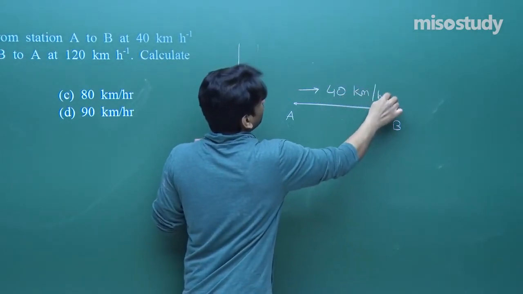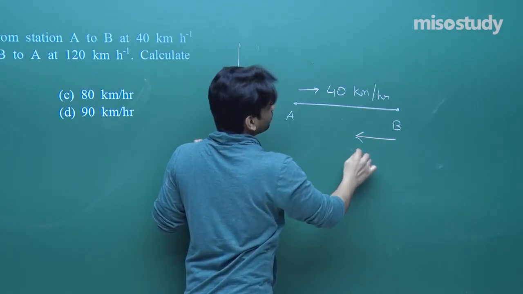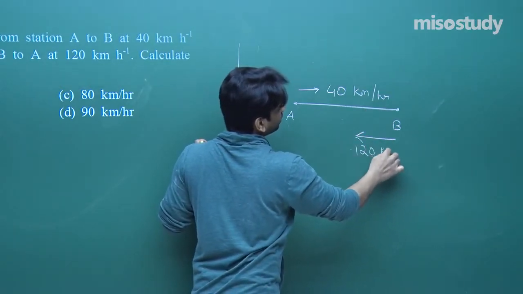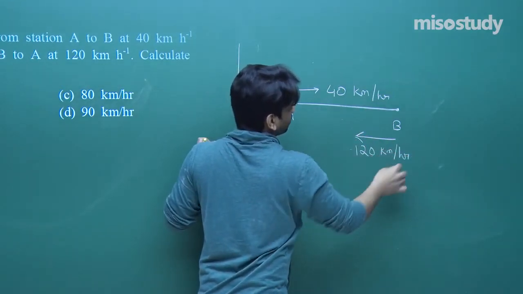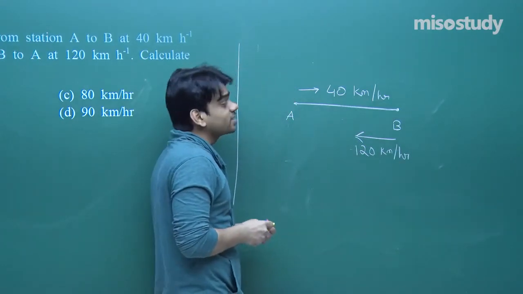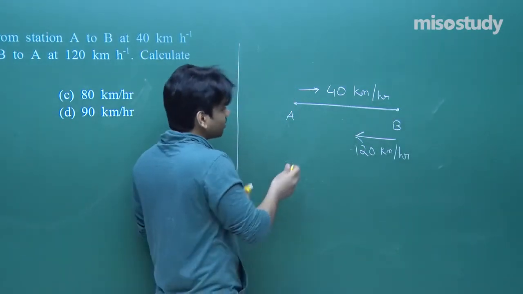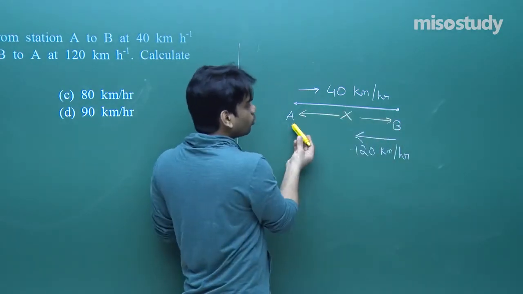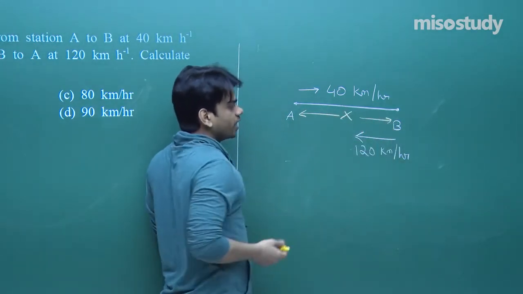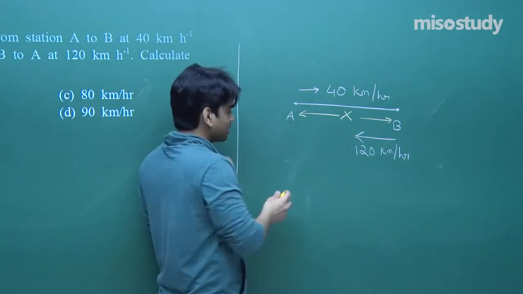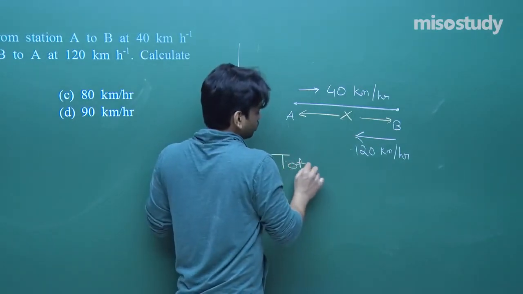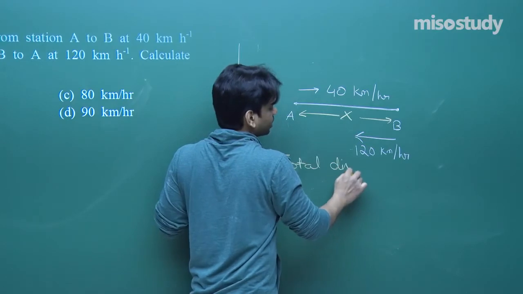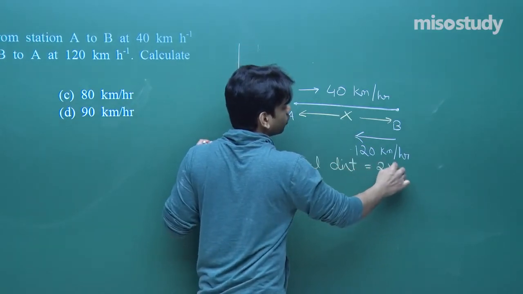And while returning from B to A, he travels with a speed of 120 km per hour. Let's check what is his average speed. Let's say the separation between the two is x. So overall, while moving from A to B and B to A, the total distance traveled will be 2x. So total distance in to and fro journey will be 2x.